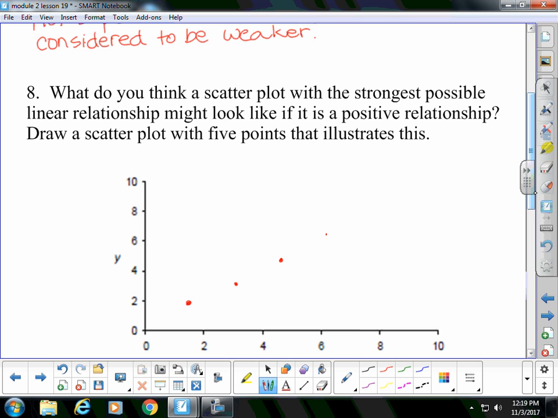See, that's 4 and 5. Okay, and I tried to make my points look like they would line up perfectly. So, strongest positive possible makes a perfect straight line.